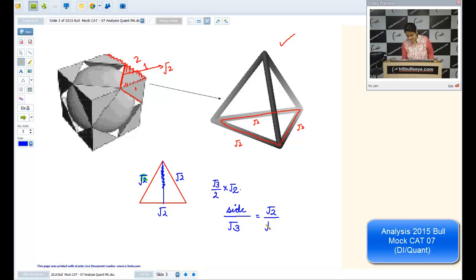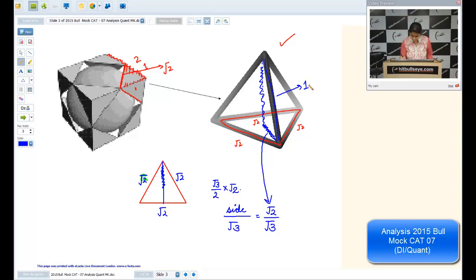It will be root 2 by root 3. So if I take this as center and I join this, so basically this is the height, and I'm joining this as well. Now what is this length? It was the same length, root 2 by root 3, and this length was 1.